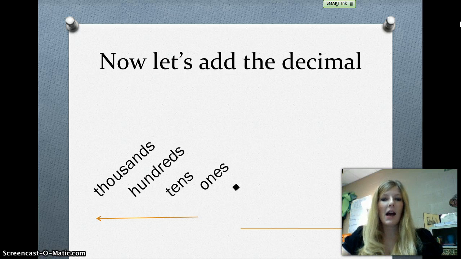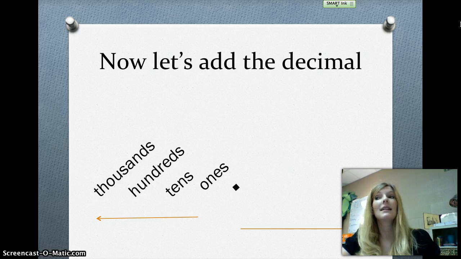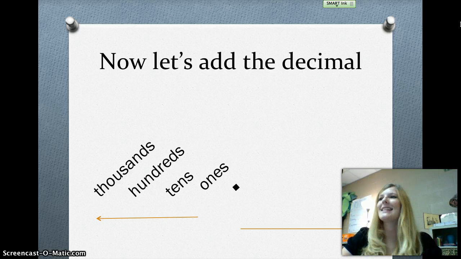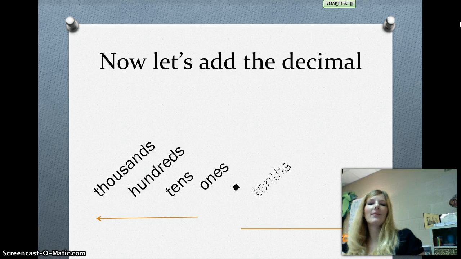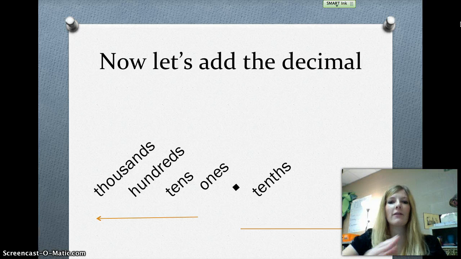We have our decimal. How do we say the decimal? It's not point. It's not decimal. We read it as and. So we're going to start with our first place value name, which is tenths. There is no oneths because that's a hard word to say, and I don't think it's a real word. So tenths.